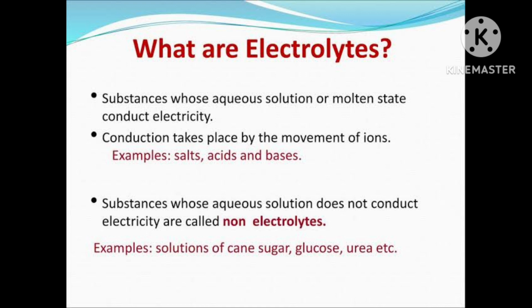The conductivity of an electrolytic or ionic solution depends on five factors. This is very, very important. These five factors are different from those for metals.